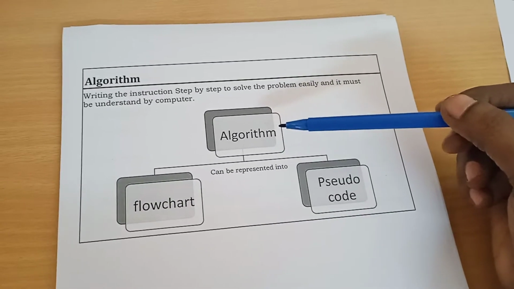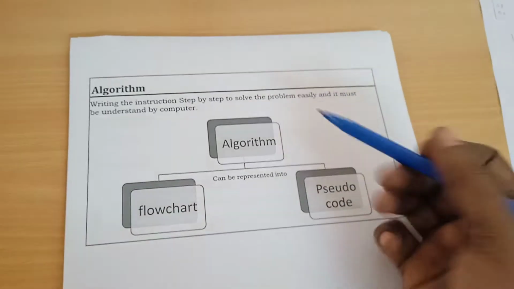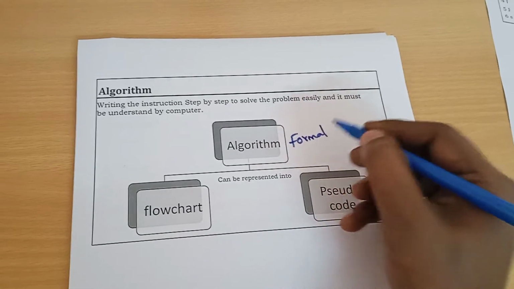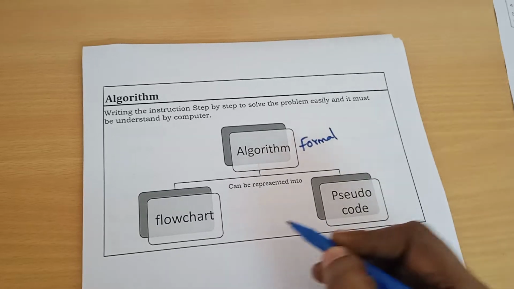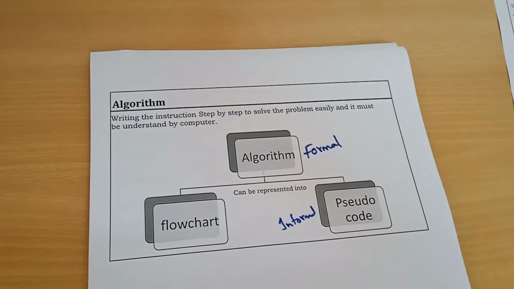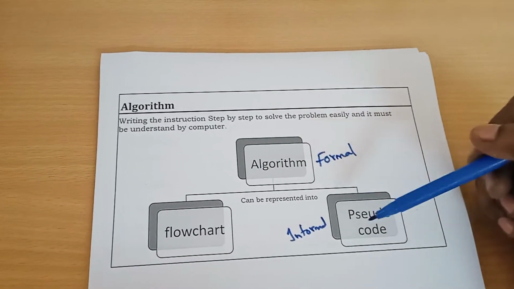Now this algorithm is a formal way of defining, whereas pseudocode is an informal way of defining. Algorithm and pseudocode both seem to be the same.